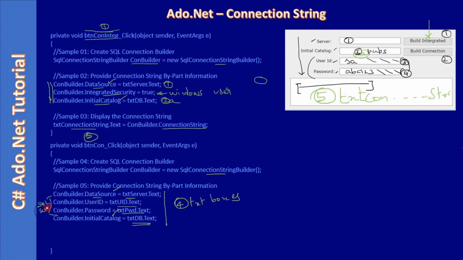When we are testing, we will provide SA and SA password, and if you have another user for the SQL Server, you can use that also. Finally, we read the connection string and display that in the txt-con text box. This will be a multi-line text box, and in that we will display the connection string.